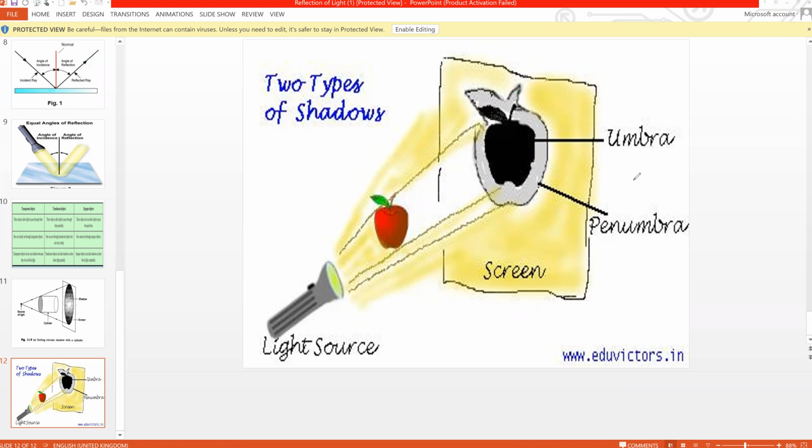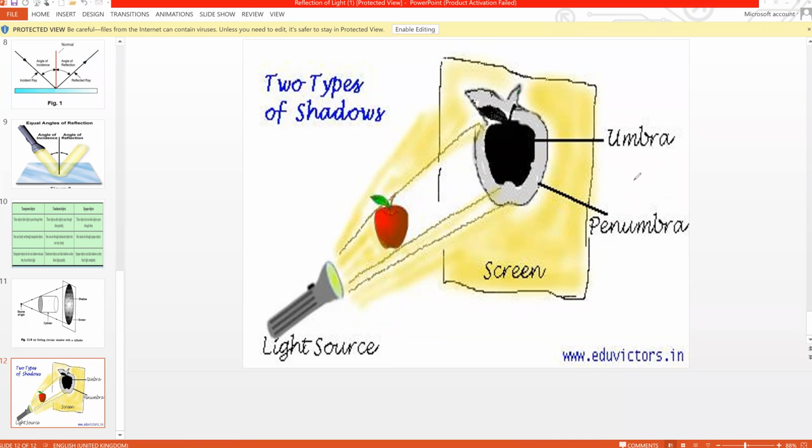When a beam of light shines on an opaque object. Opaque, O-P-A-Q-U-E, opaque object.